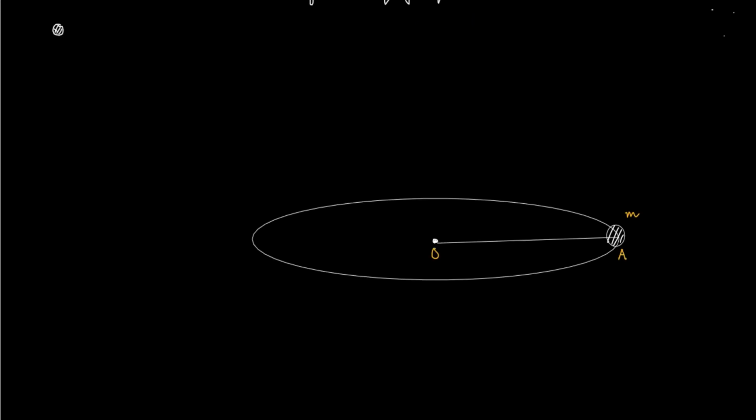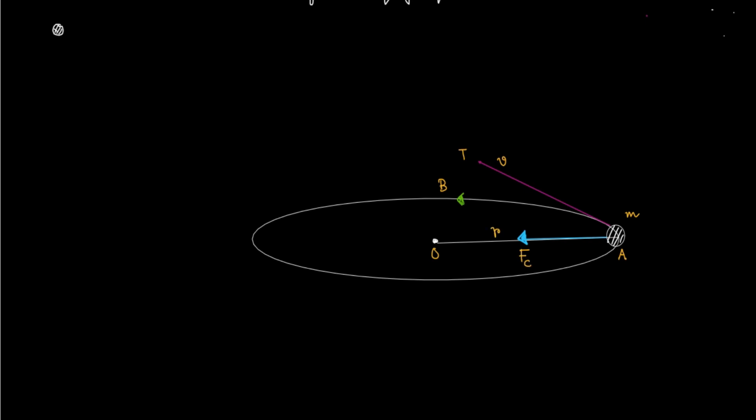So this is the horizontal circular orbit. m is the mass of the body. The body has a linear velocity v along the tangent AT, and the body will be moving along the curved path AB if an external force Fc, which is the centripetal force, acts radially inwards on the body.